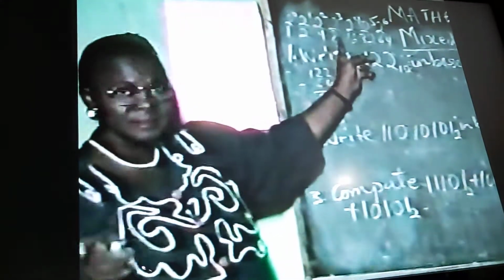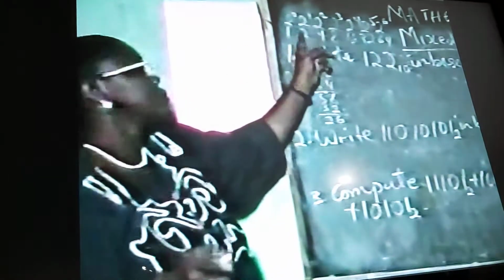If you subtract 32 from 58, what do we have now? 26. Once again, the next power of 2 is 16, so you can still get 16, you'll be left with 10. You can get 8 from 10, you'll be left with just 2.